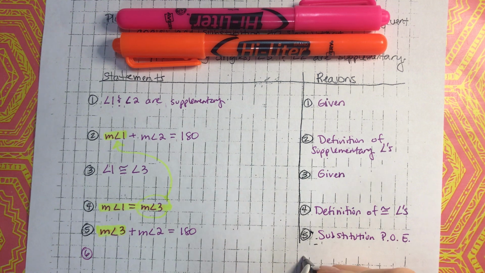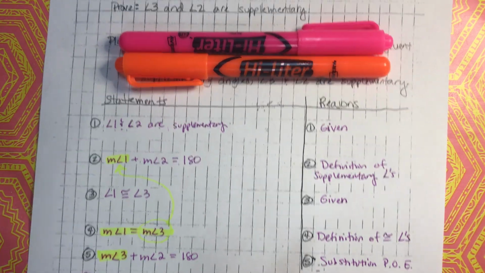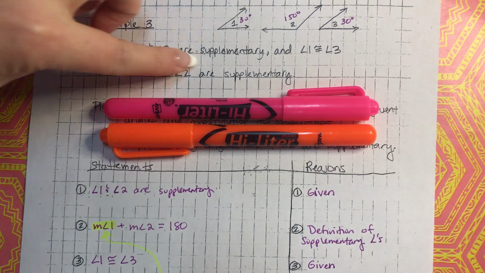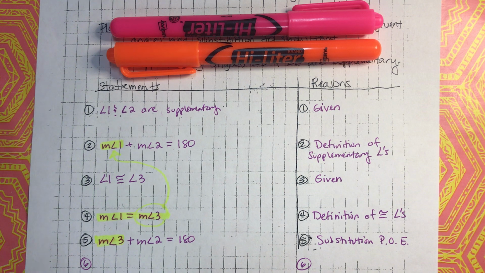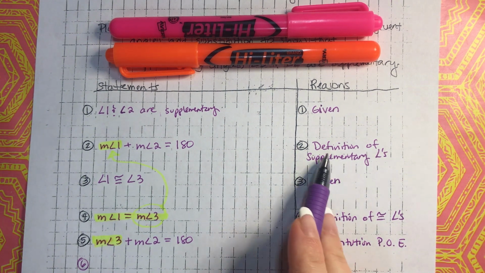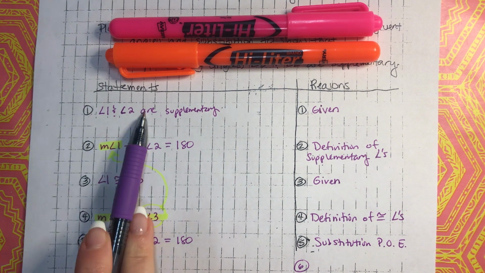There's not any other numbers, and that's okay, because we can just go like this. Now, what do we need to prove? We need to prove that angle 3 and angle 2 are supplementary. So remember it's a definition, so it can go from here to here, and it can also go from here to here.